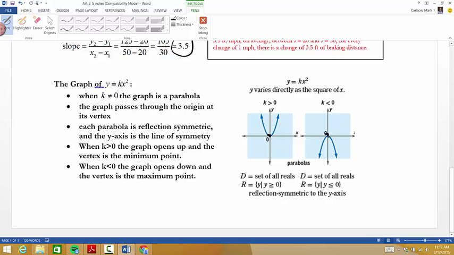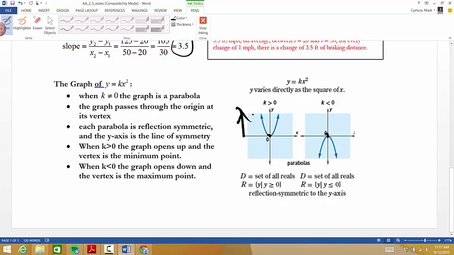It does whether k is positive or negative. Each parabola is reflection symmetric over the y-axis, which means that the y-axis is a line of symmetry for it. We know that when k is greater than 0, the graph opens up, so we can see that here. Notice how it's opening upward.